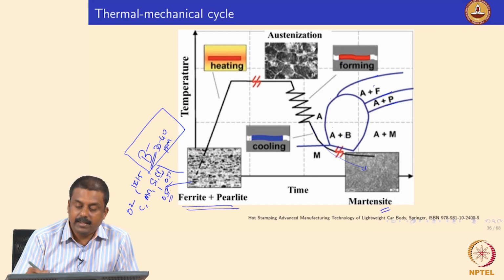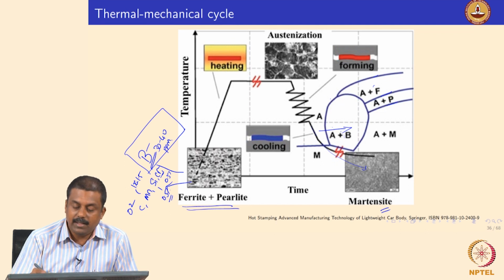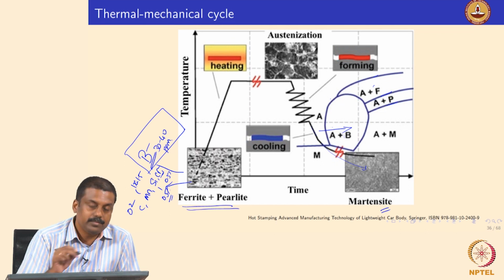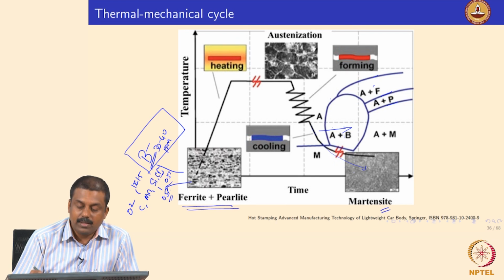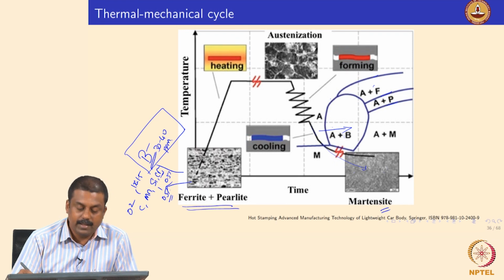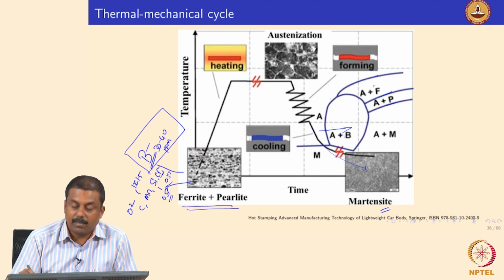One way of obtaining this is to move the CCT diagram towards the right side, and the one alloying element that can do this effectively is boron. Boron can increase the hardenability, or decrease the cooling rate needed for martensite formation, significantly.